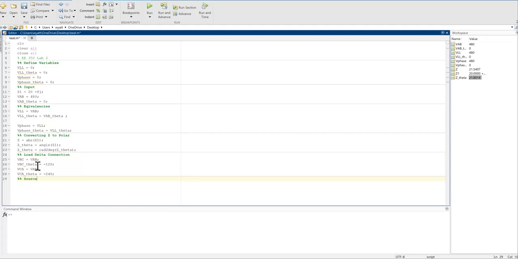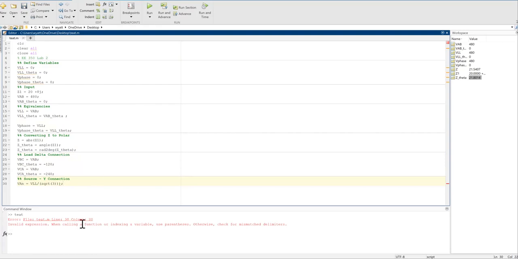Next, we need to do our source. This is our Y-connected source. I'm going to state the constants and just define the values before starting the math. So voltage VAN is going to be equal to V line to line divided by the square root of 3. I'm going to run the code just to make sure we're getting the right stuff.